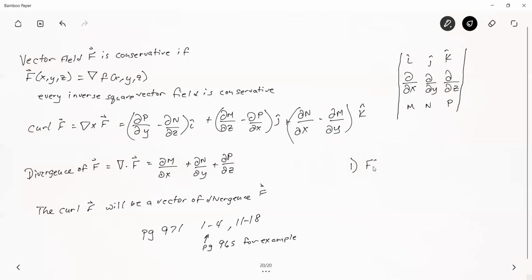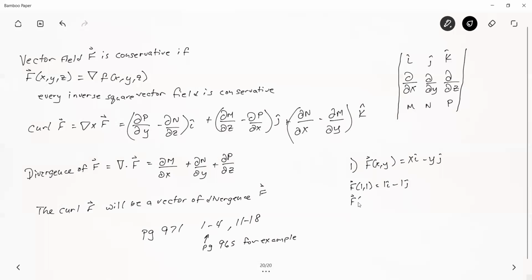It's going to be F of x, y is equal to x i hat minus y j hat. Okay. So I would want to say find F of 1, 1. So what I would do is plug in 1 for x. So I'd have 1 i hat and then minus 1 j hat. And I would go over to my graph paper and graph that point.